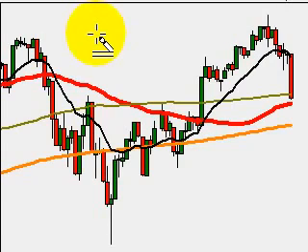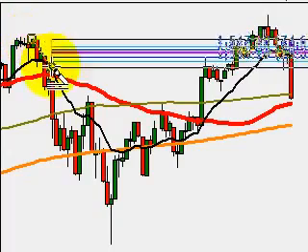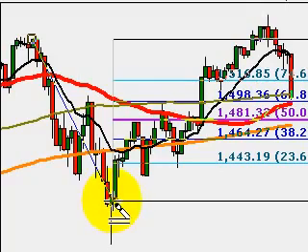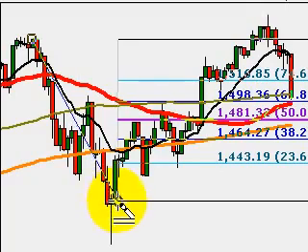Some of the most common would be Fibonacci ratios, Fibonacci retracements, things like that. You're looking at the market moving in ratios and in certain consistent percentages. The most basic thing that pretty much everybody knows would be a Fibonacci retracement.